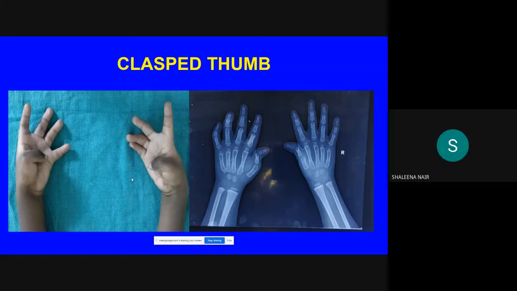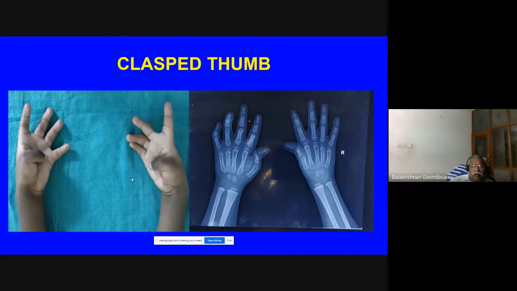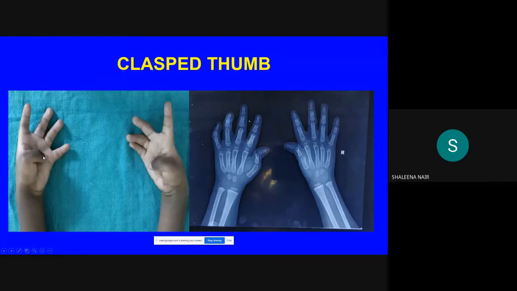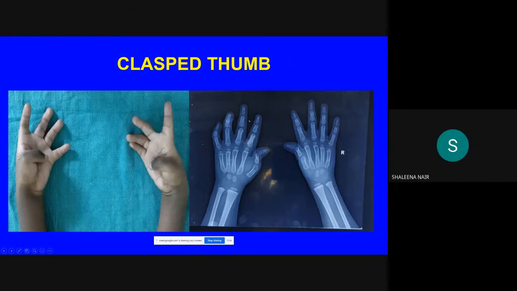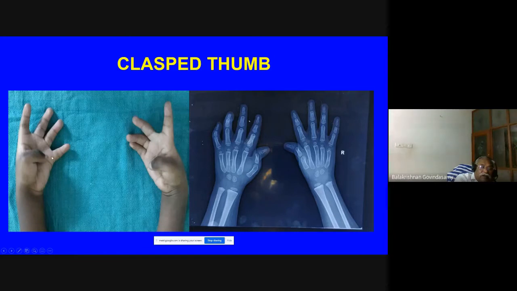Ideally, there should be flexion at the IP joint, right? Because of the first extensor pollicis... Here it is flexion at the IP joint. No, it is not flexion. See this, the same case. Yes, there is flexion of the MP joint, I agree. I won't agree with you on flexion of the IP. Here also you see it's hyperextended. So that means what?